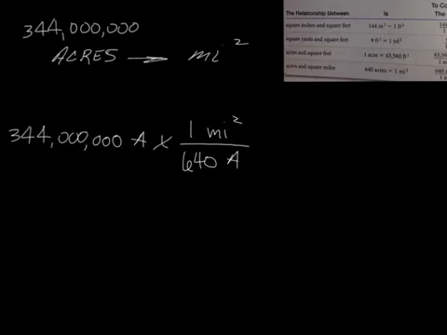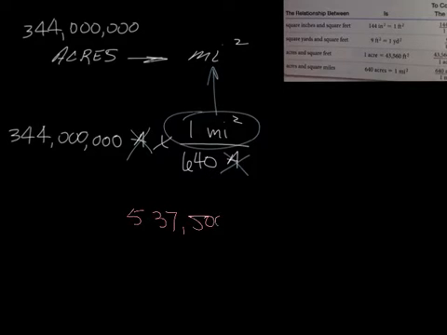So what can I do? I can cancel my acres here and cancel my acres here. This is left alone because that's what we're looking for, and we just multiply through 344 million times 1 divided by 640, and when I do all of that, I get 537,500 square miles.